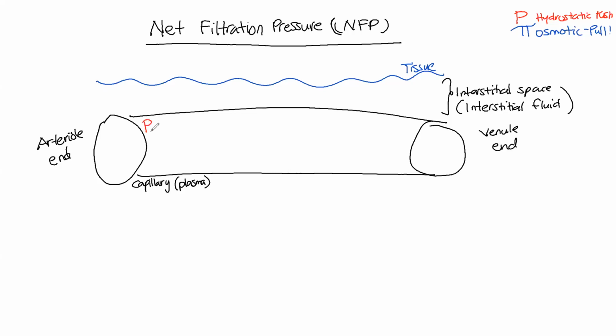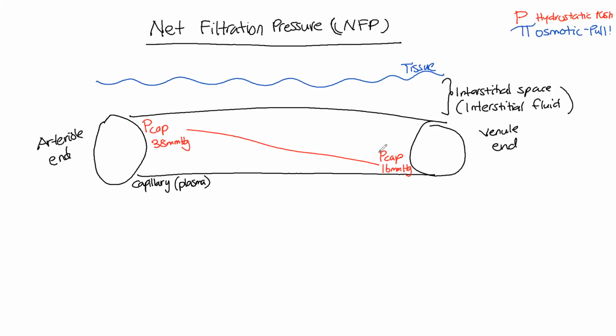So our large P capillary, that we said was 38 millimeters of mercury on the arterial end. And then by the time we get down to the venule end, it has decreased, which is a natural occurrence as you go from arteries to veins, right? The pressure drops off. So on the venule end, the pressure is now 16 millimeters of mercury, okay?